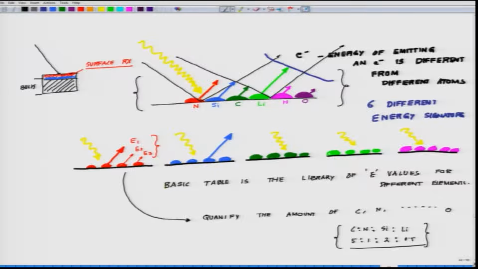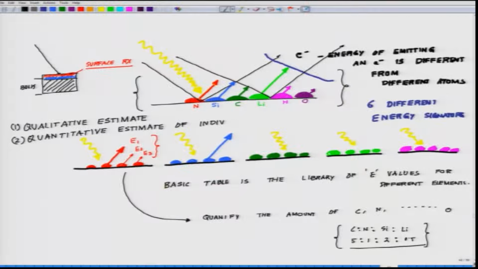So that way you not only have a qualitative estimate, you also have a quantitative estimate of individual elements present on the substrate or surface.